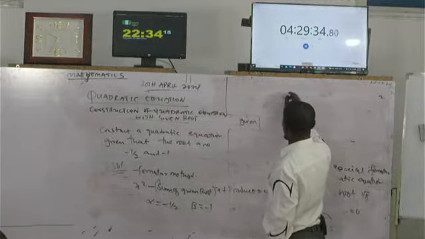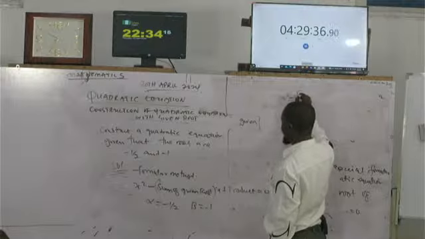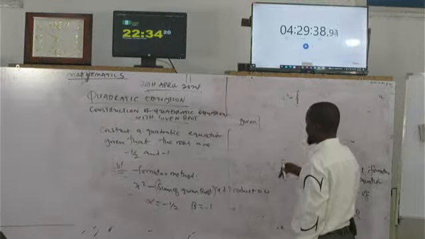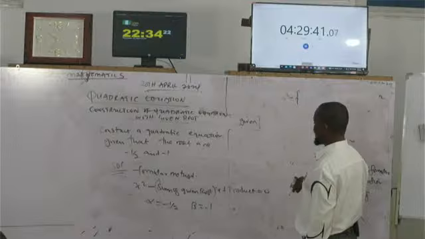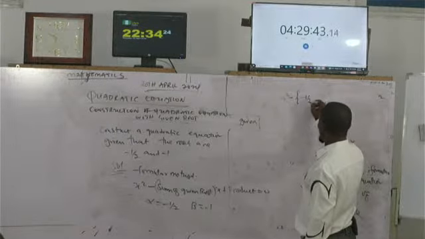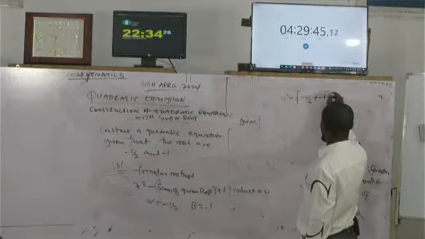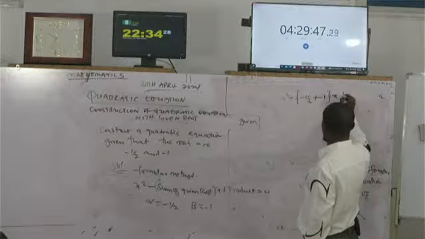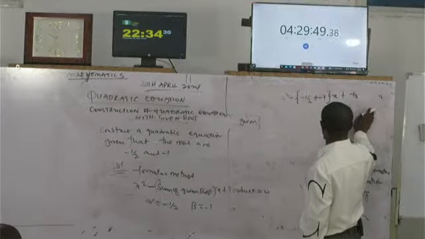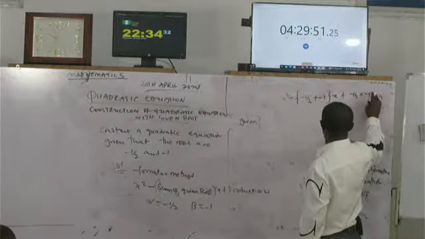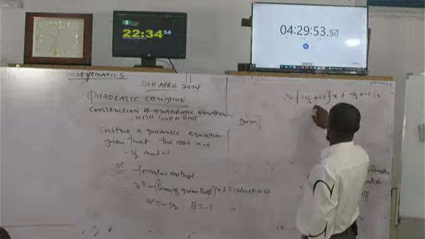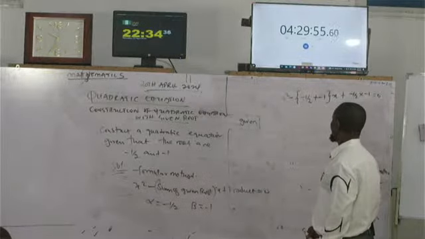So x squared minus the sum, minus a half plus minus 1, plus the product, minus a half times minus 1. This is the sum, this is the product.